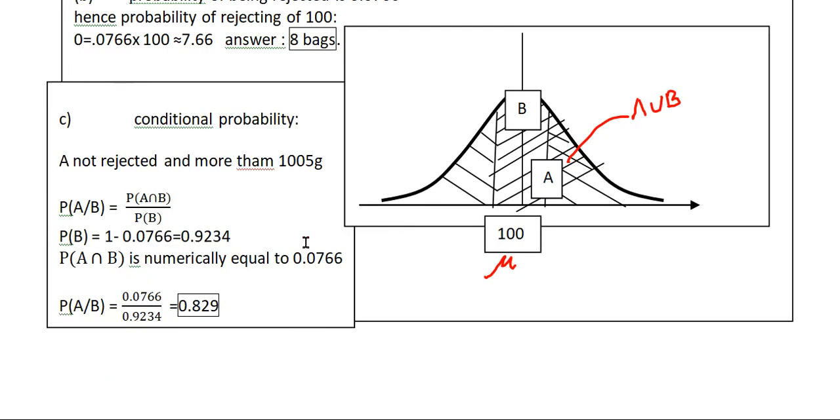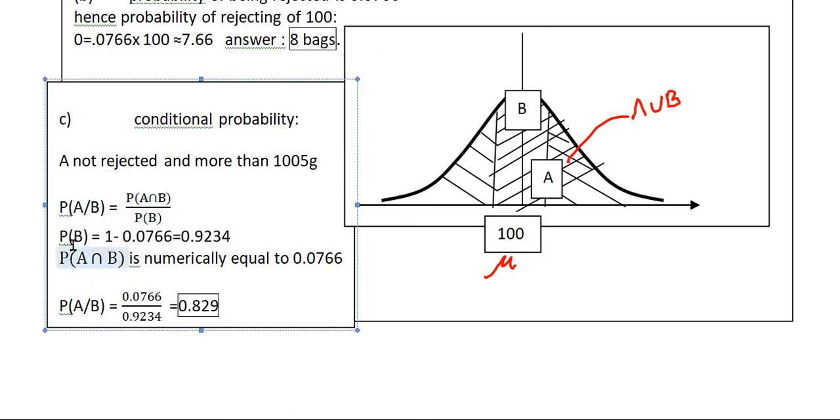So here we have conditional probability. Probability A is that the mass is greater than 1005 grams. So this is the formula for conditional probability.